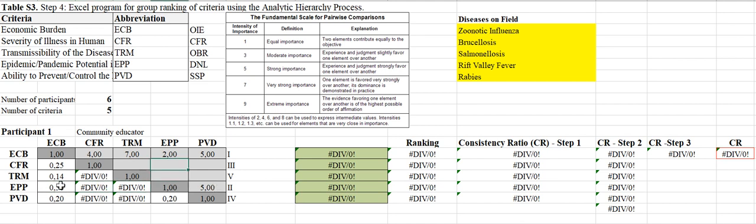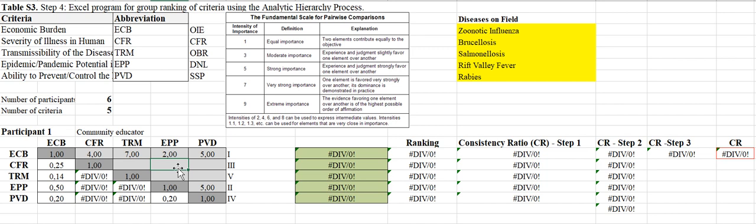But since the severity and also the transmissibility is in lower importance, I will flip the sequence, say that the EPP or the epidemic is twice as important.